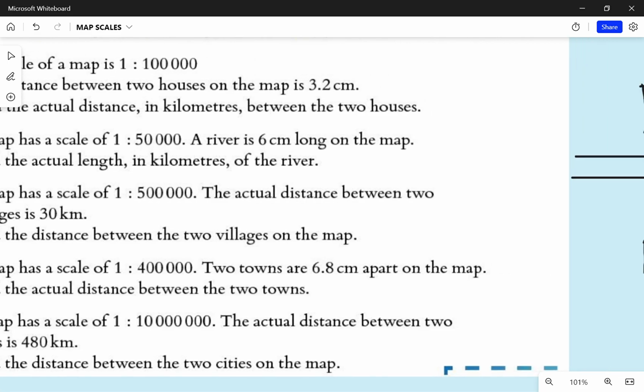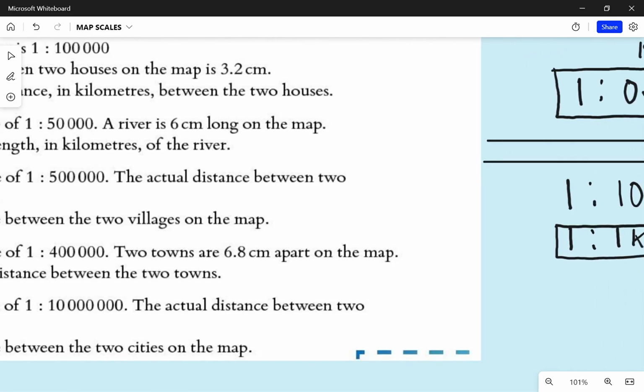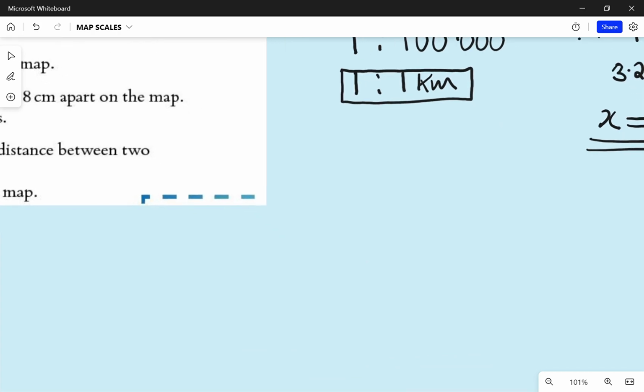So here, solution. This map is 1 to 50,000. I can find this in kilometers in advance. So this is going to be 1 to 0.5 kilometers. So what is going to be the actual distance of a river which is 6 centimeters?